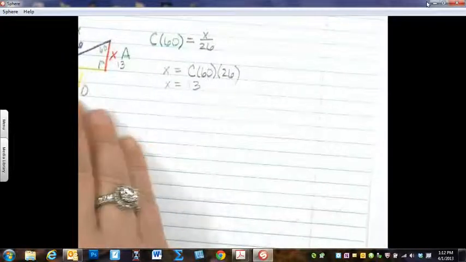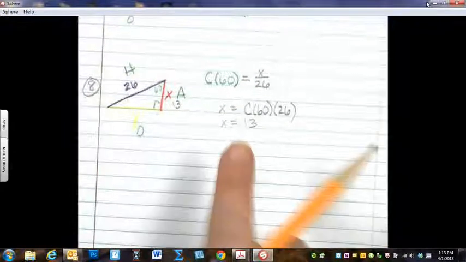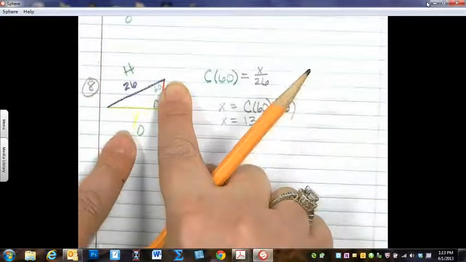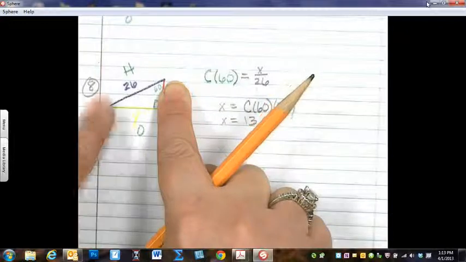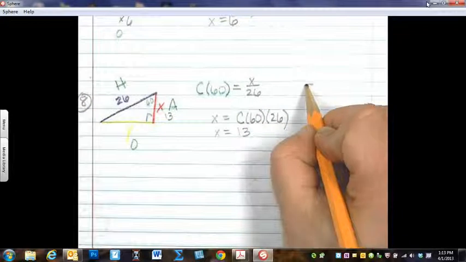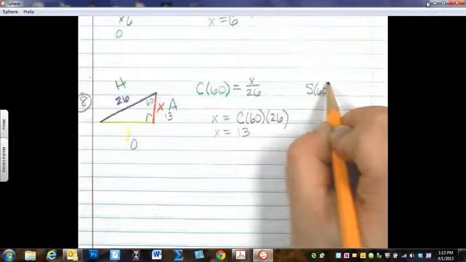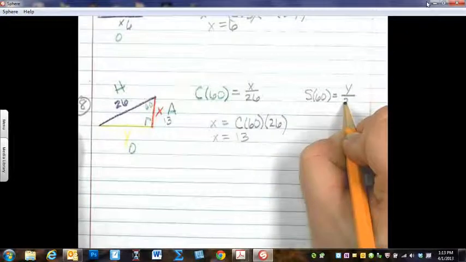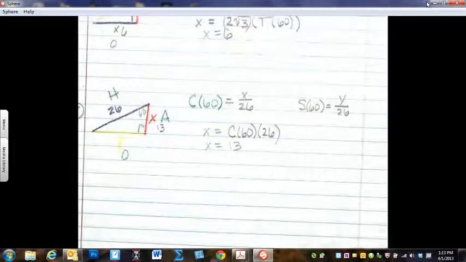Now we're going to find this yellow side. And so now I'm going to not solve for x. I want to solve for O. I want to solve for y. Sorry. So where do I use O and H? Which function? The sine. So the sine of 60 is going to equal O over H, y over 26. We're going to cross multiply.